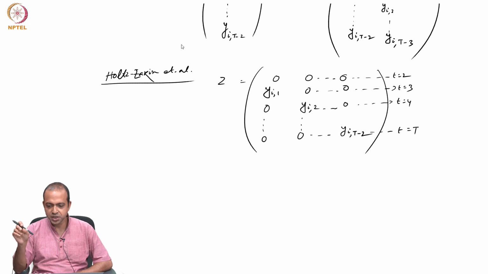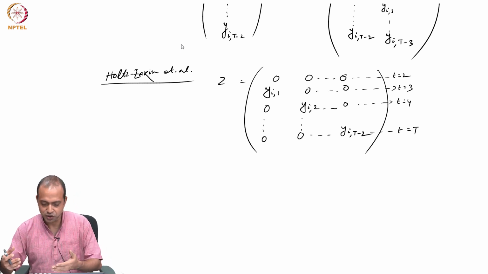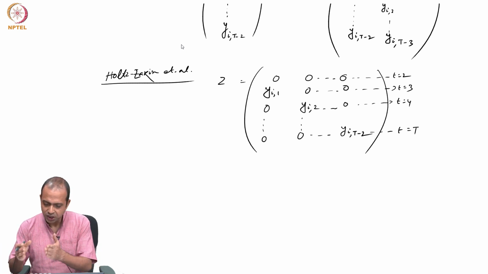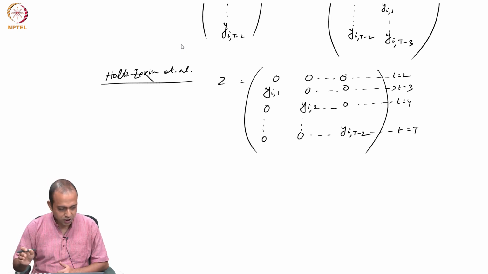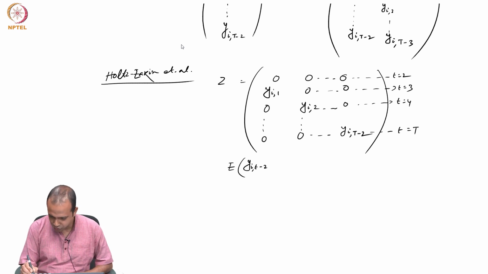And then we also discussed that even though setting 0 in place of missing observations appears arbitrary, interestingly each column of this instrument matrix satisfies the orthogonality condition. That means the expectation of yit minus 2 times your differenced error term vi star is actually 0.